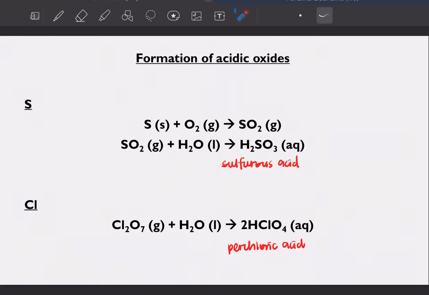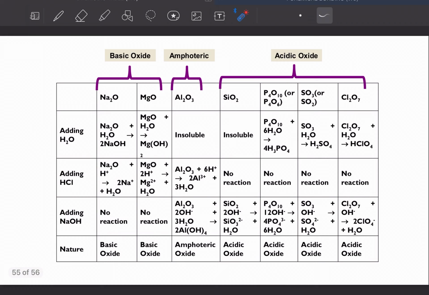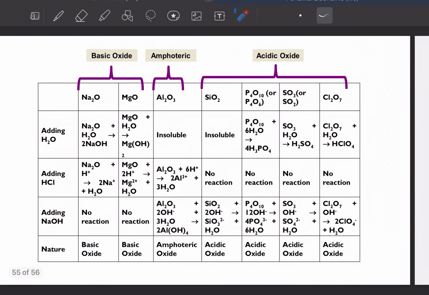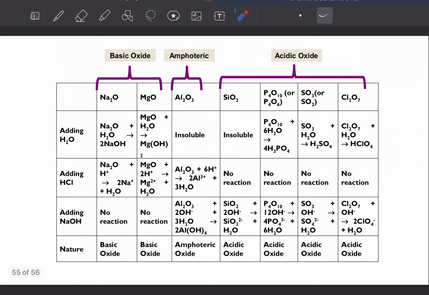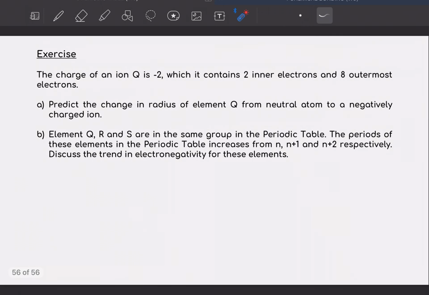Same case here: for sulfur you will get sulfurous acid, and for chlorine you will get perchloric acid. So this is a summary table for acid-base oxide formations. I think it's quite straightforward. You just have to know which element you are reacting and which oxide it forms. Alright, this is an exercise for you to do, and with that we have finished chapter 3.